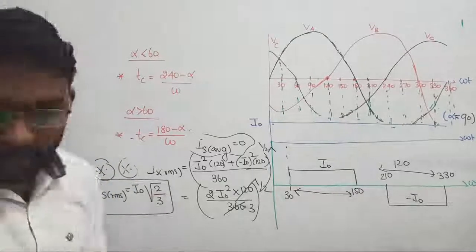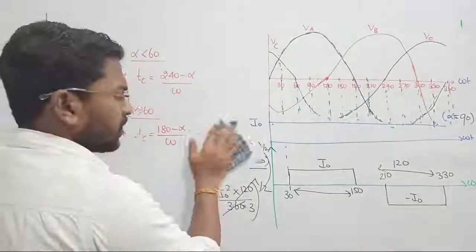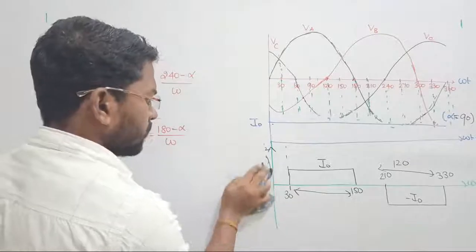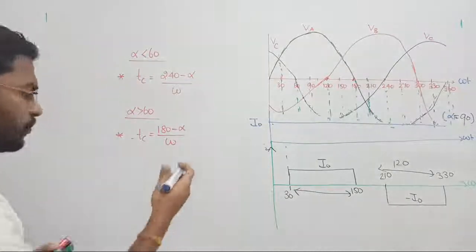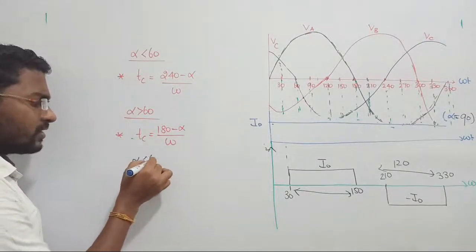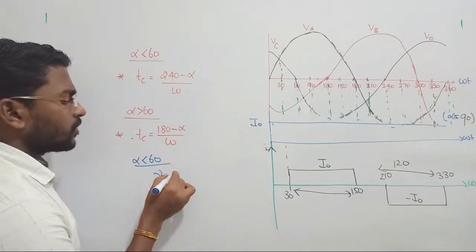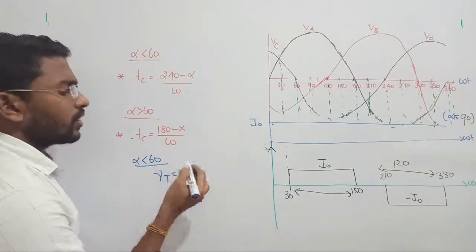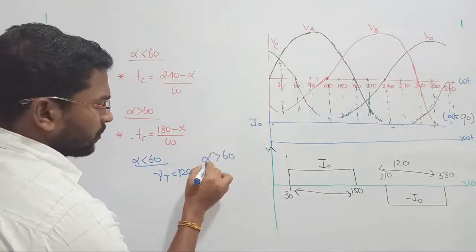At the same time, there is the conduction period, right? Conduction period of the thyristor. You can also estimate that one. That's very simple. Thyristor conduction period. நம்ம என்ன பார்த்தோம்? Case number 1, when the value of alpha is less than 60, then what is the conduction period of the thyristor? 120 degree. If the value of alpha is greater than 60, then what will be the conduction period of the thyristor?